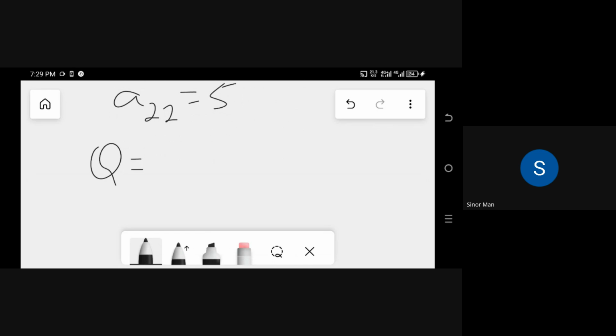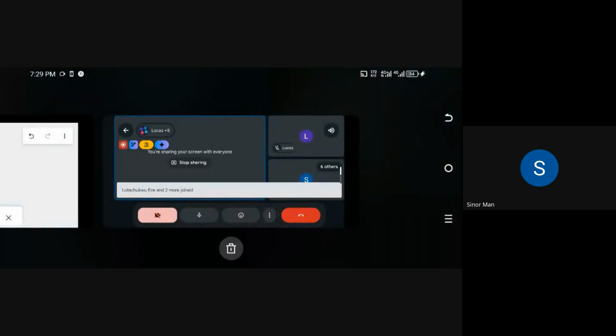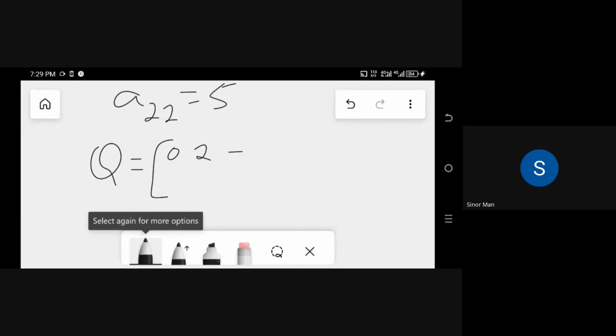Let's say we have a matrix Q. Then we have 0, 2, -4, 3, and -1, 5, 6, 7.